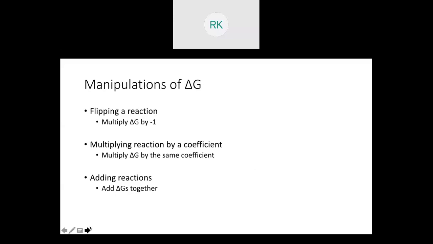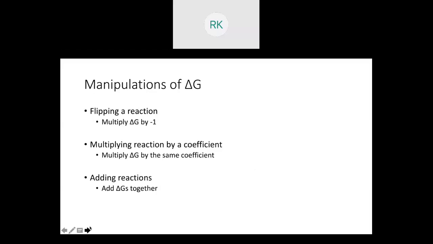If you ever want to find the delta G of the reverse reaction, so you have to flip it, all you do is change the sign on delta G. So if A to B has a delta G of 2, B to A would have a delta G of negative 2. If you ever have to multiply your reaction by a coefficient, you just multiply delta G by the same coefficient. It's pretty easy.